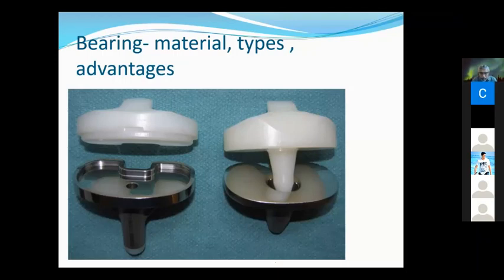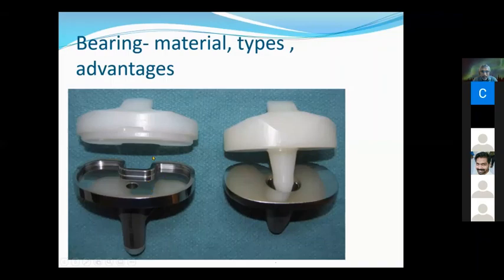Is it just polyethylene or highly cross-linked polyethylene? Ultra high molecular weight polyethylene. Yes. And what is the tray made up of? Zirconium alloy. Cobalt chrome. Cobalt chromium, sir. Yeah, cobalt chrome.